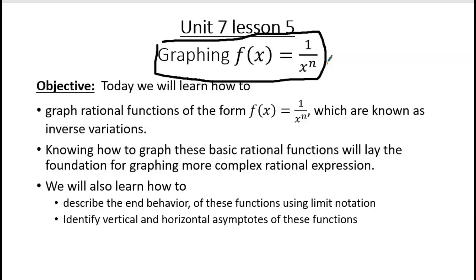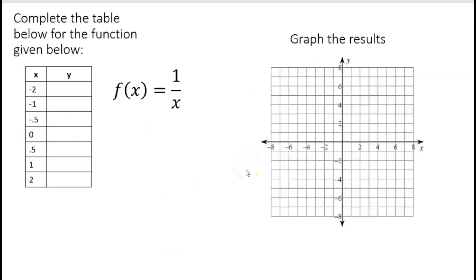Those ideas include how to describe end behavior with limit notation, how to use limit notation to describe what happens at the vertical asymptote, and how to identify where the asymptotes are located. So it's basically just a preliminary lesson for some stuff we'll get into later. Let's jump in and get started.